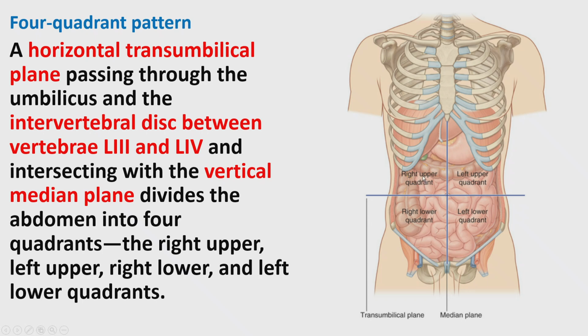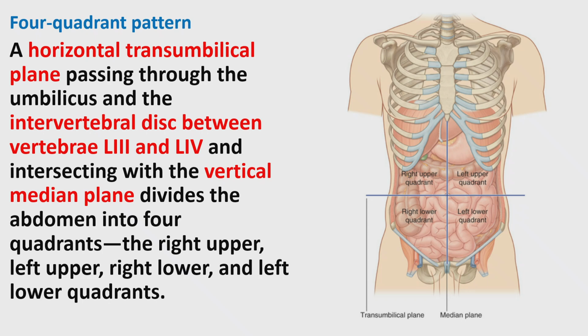Then, if you want to explain something, you will say right upper quadrant, left upper quadrant, right lower quadrant, and left lower quadrant. This is one of the explanations. They use it in clinic also. For example, you see some pathology, and you say this pathology is located in the right lower quadrant of the abdomen, thanks to these lines that you have, yes?